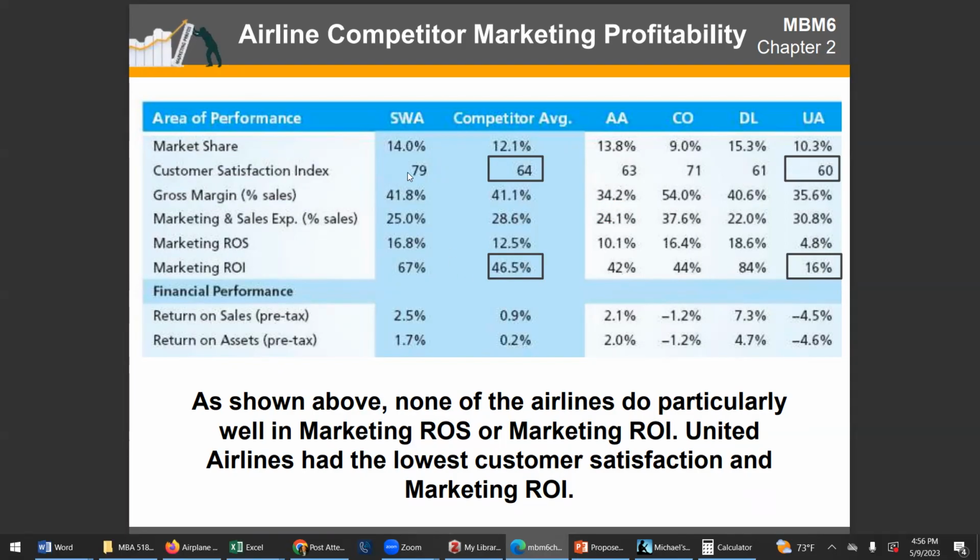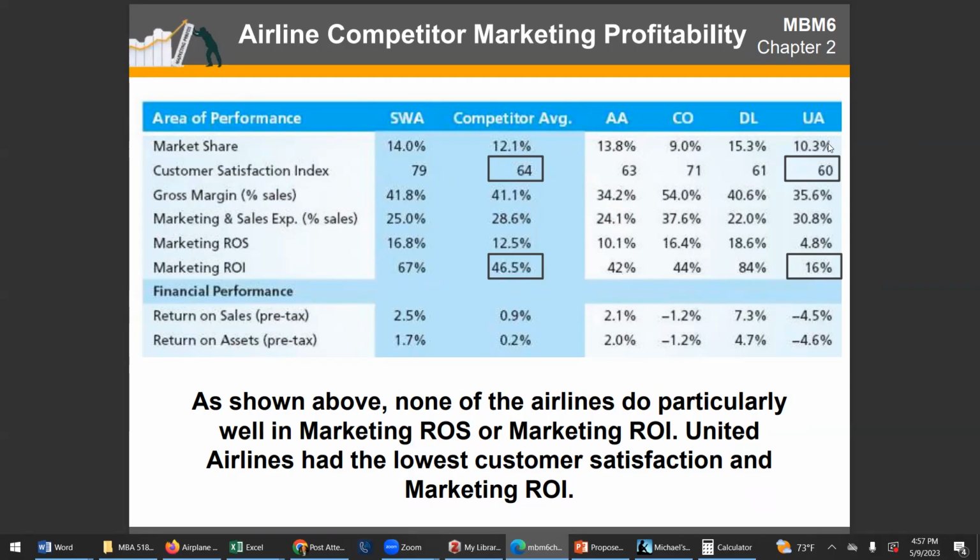Customer satisfaction, not super great. Marketing ROI, not so great. This is Southwest, American. Oh gosh, I'm not sure who that is. Delta, United.